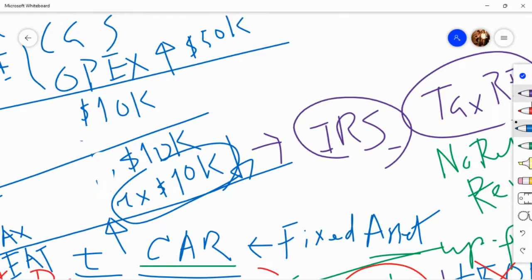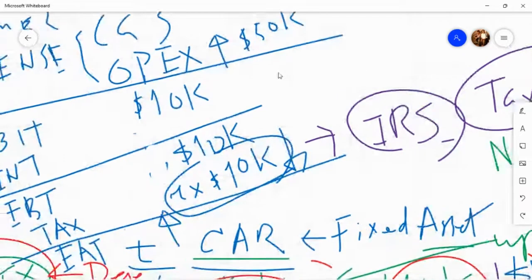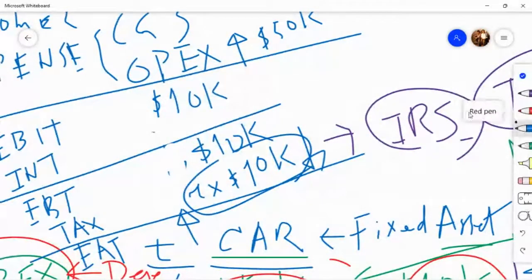So from year 2 through year 5, your operating expenses go up by 10K.